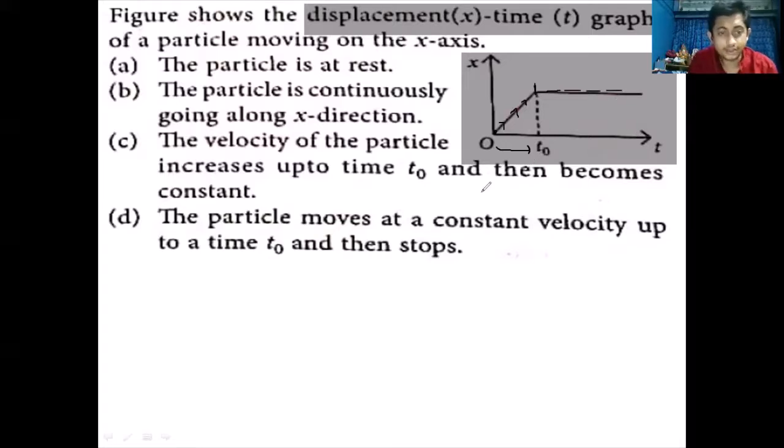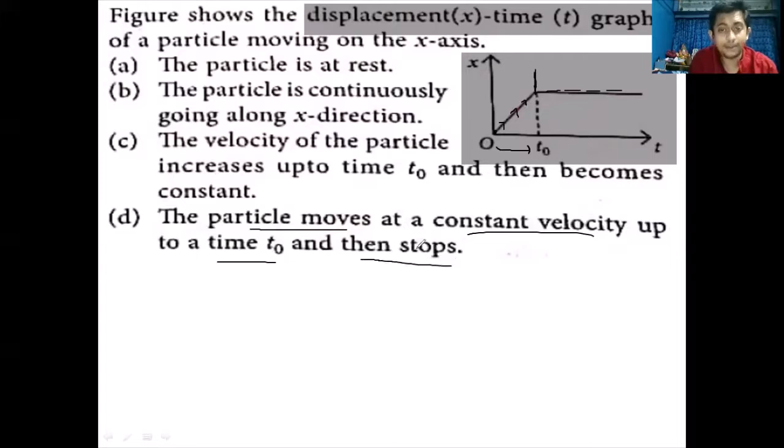It means that the particle is moving with a constant velocity up to time t naught.